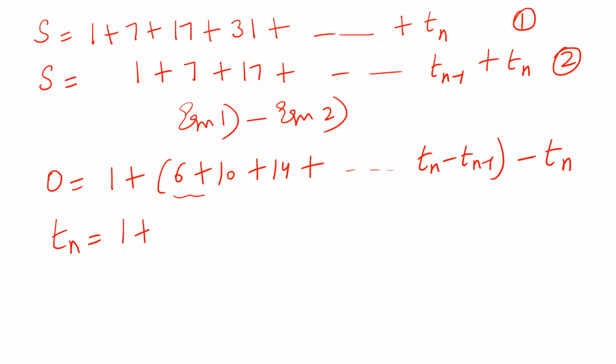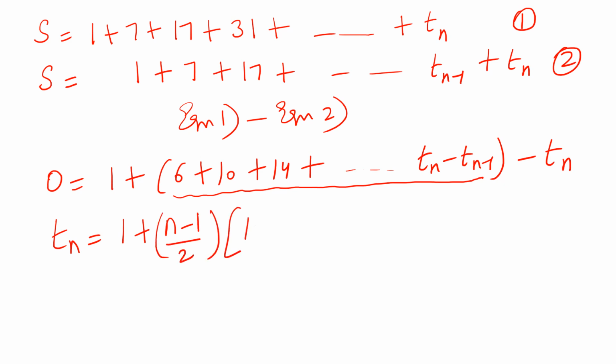Now students, clearly this is an arithmetic progression having n minus 1 terms. So the sum of this AP becomes (n minus 1) divided by 2 into [2a, which means 12, plus (n minus 2) into d], and d here is 4.